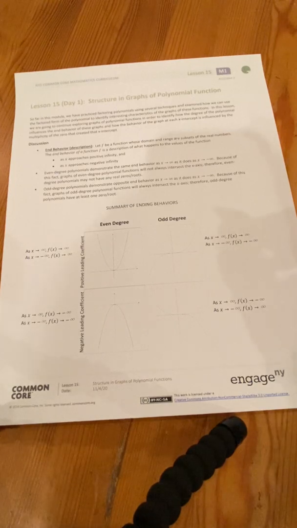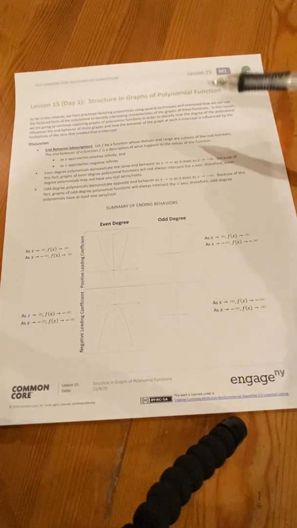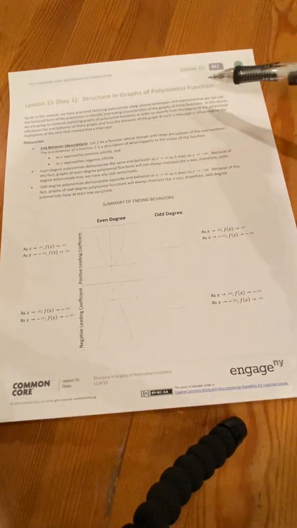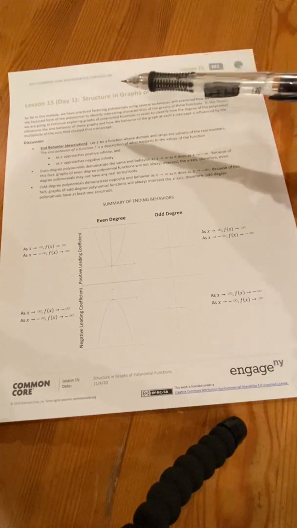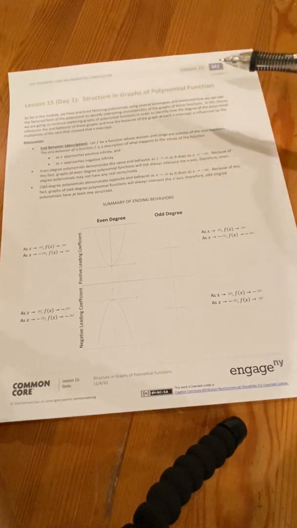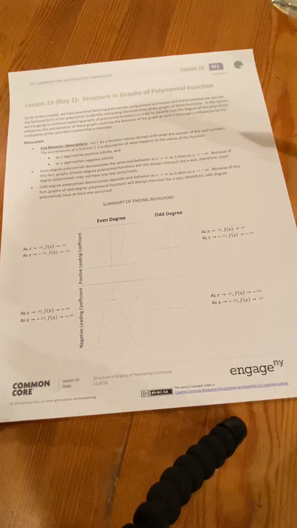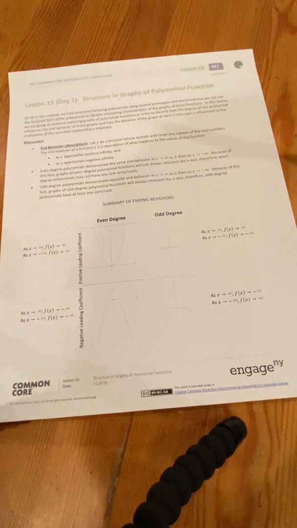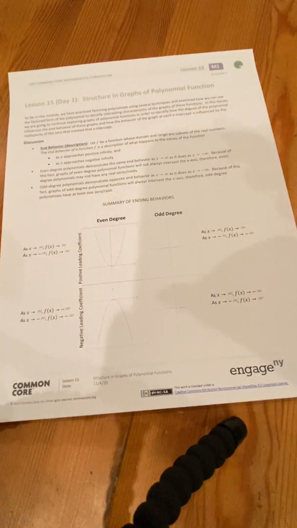So we've been talking about graphs of polynomial functions already. We've talked about using different techniques and how we can use a factored form to identify the zeros, and we can use the zeros to get the x-intercepts, and then we can use those zeros to divide up the graphs into different intervals and pick test values and see if the function evaluates to be positive or negative, and then that would mean that the graph is either above or below the x-axis within that interval, and we've made the graph of the polynomial function, right?